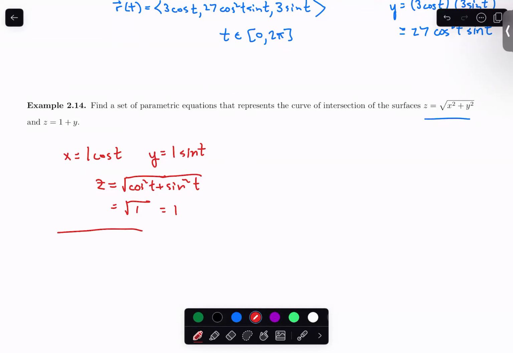Now compare this to my second equation, because I also have a second equation that has z as well. In there, it says that z is equal to 1 plus y. And now we can see that both of these things can't be true. z can't be exclusively equal to 1 and also wiggle back and forth with the sine. So something bad has happened; we have some conflicting information.